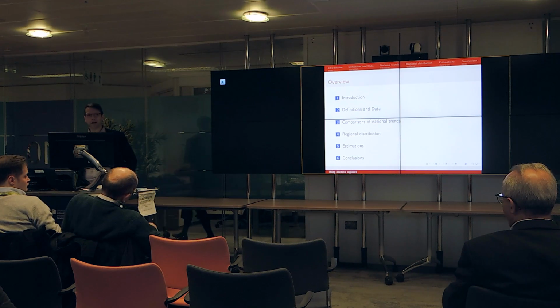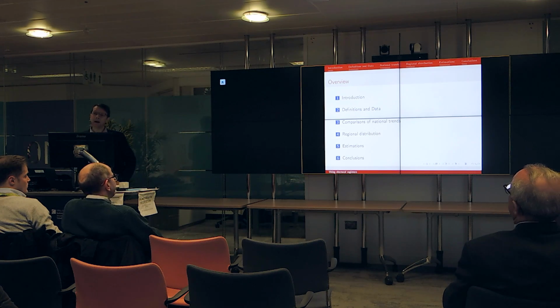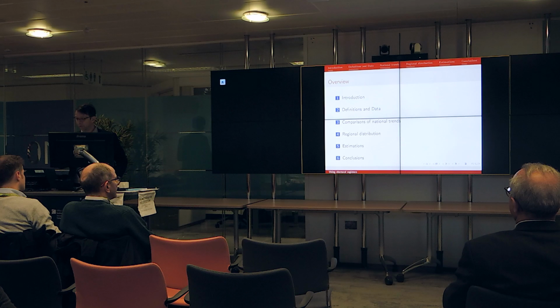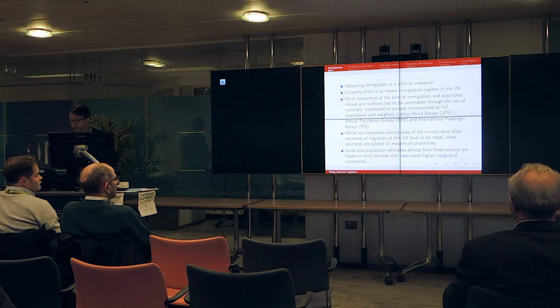And then we look at the picture within local authorities, so within regions. And we do a few estimations as well to try to basically pull out as much information as we can from different measurements done at different geography levels. So immigration is a very difficult endeavor to measure.